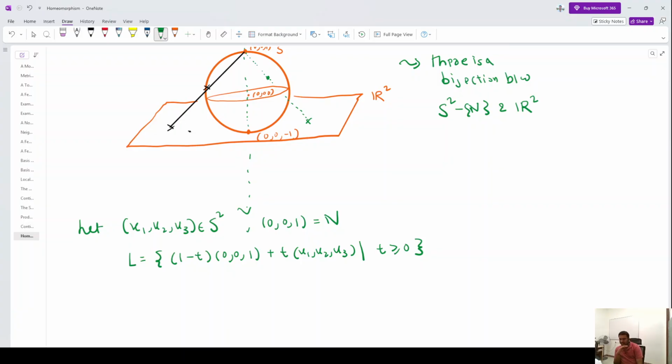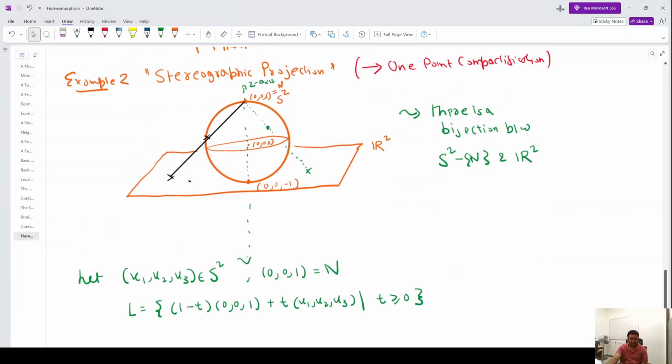And when t increases, it continues like the ray which we have shown in green color in the above picture. What you are interested in is when it is hitting R2. This is R2 sitting inside R3, so R2 looks like this, with points x1, x2, 0.